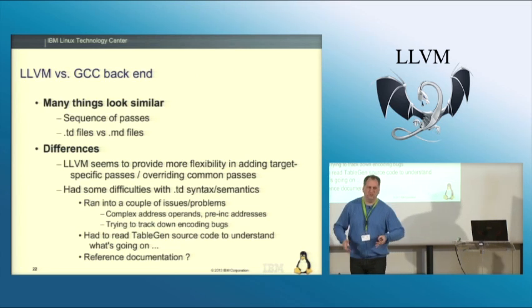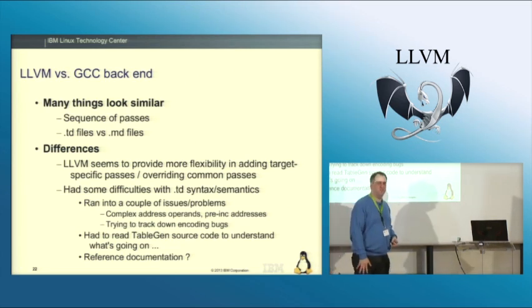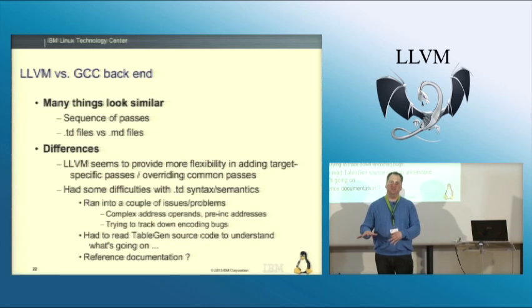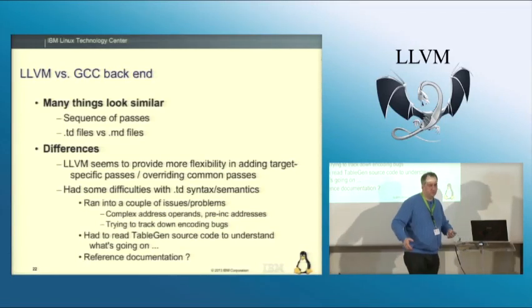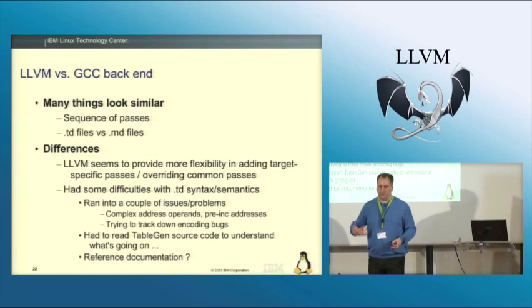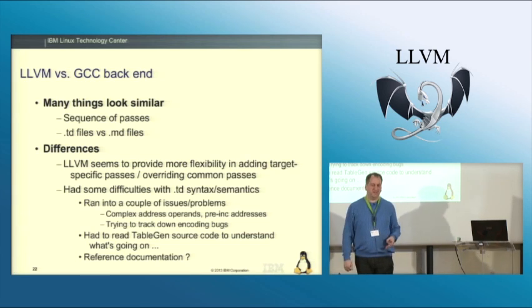We have tried to do that in GCC for a while, but I think we're not quite there yet. What the target in GCC does is parameterize passes that exist in the middle end, but you can't just do something completely new. And that's certainly nice. Also the layering is much more clean.